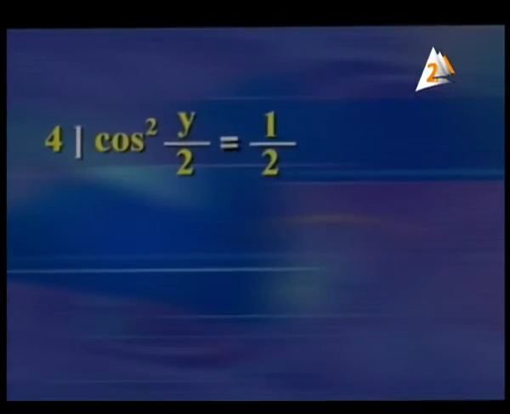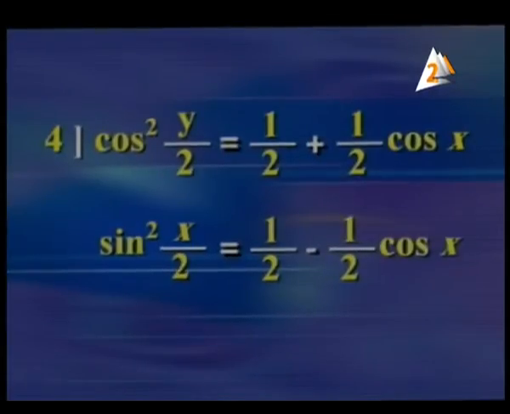Number 4, cosine square x over 2 equals what? Equals half plus half cosine x. Sine square x over 2 also equals half minus half cosine x. Remember, dear student, cosine square x over 2 equals 1 over 2 plus 1 over 2 cosine x, but sine square x over 2 equals 1 over 2 minus half cosine x.